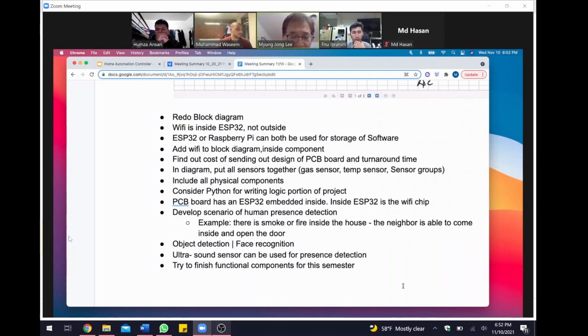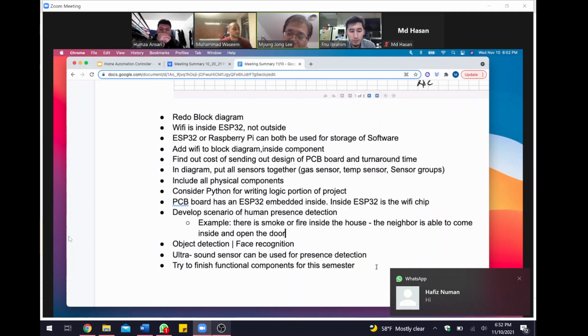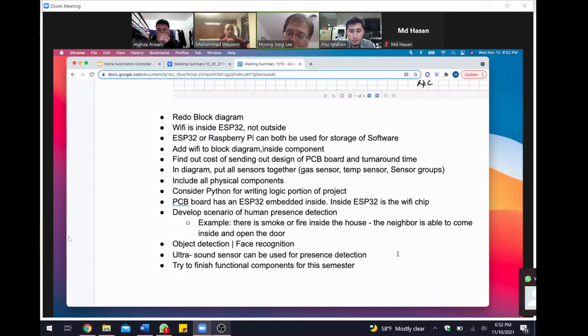So what I was saying is that since the video camera is already much more capable than the ultrasound, if you're using just the camera, although it has even face recognition capability, using that only for the presence of an object may be overkill, right? That's what I was saying.